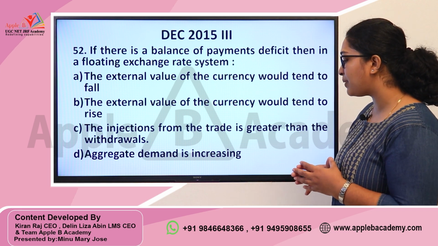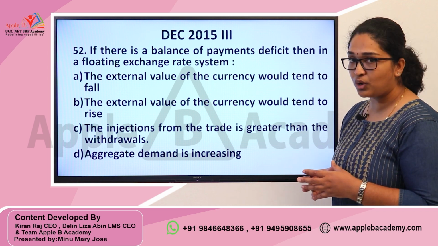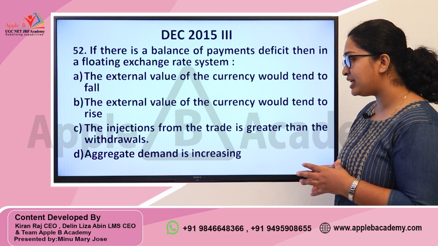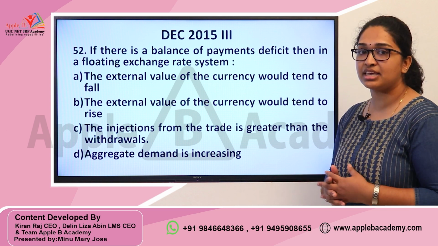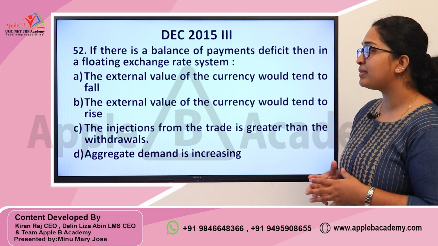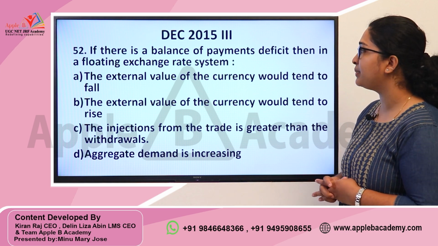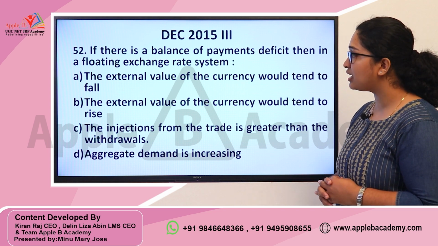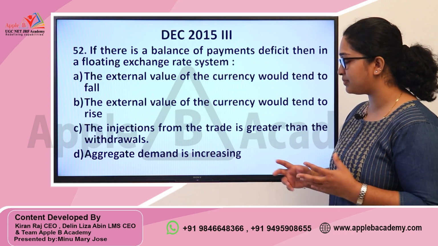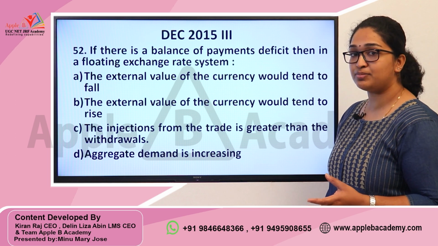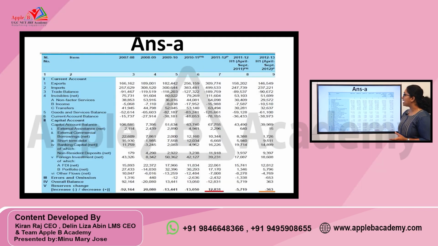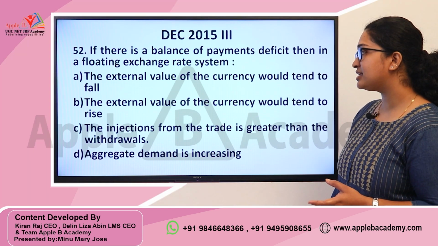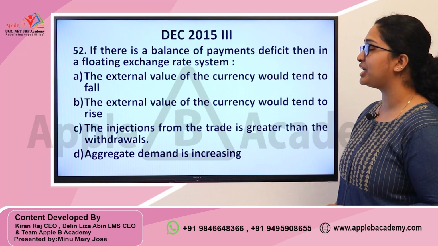C, the injections from trade are greater than the withdrawals, and option D is aggregate demand is increasing. We have to keep in mind this is a floating exchange rate system and we have a BOP deficit. So, how will this deficit be corrected? The answer will be option A, that is the external value of the currency would tend to fall.